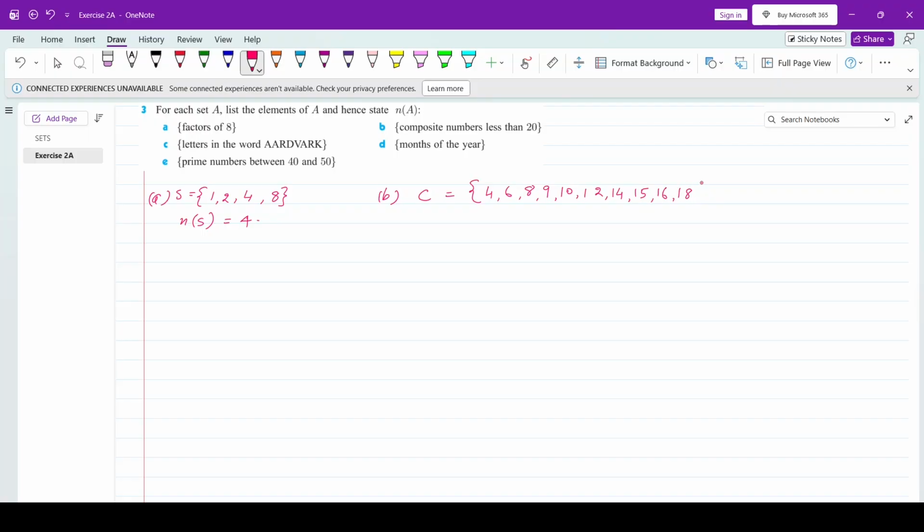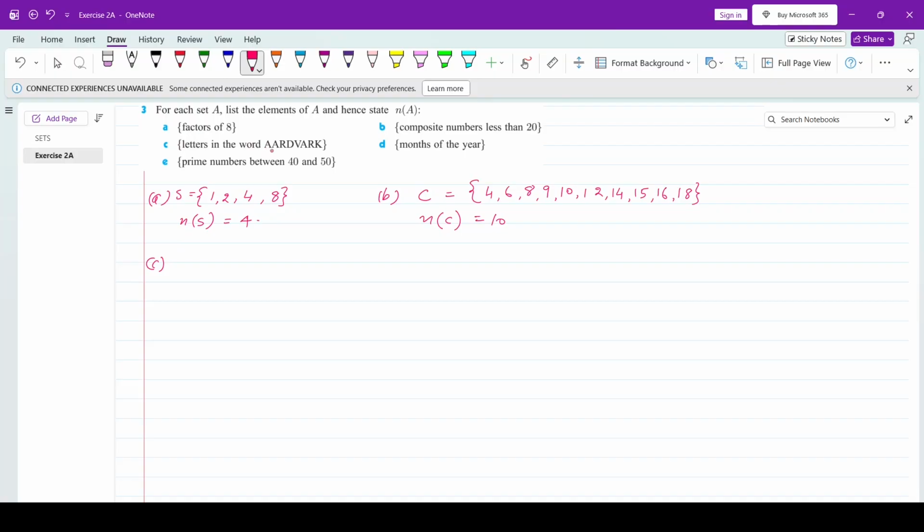That's it. So n of C is 1, 2, 3, 4, 5, 6, 7, 8, 9, and 10. So the number of elements in this set is 10.